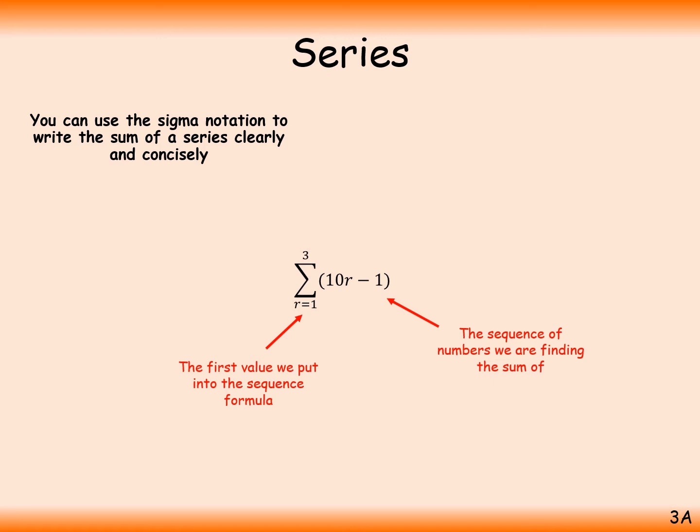The first value we start off with goes at the bottom, and at the top is the last value we put into the sequence formula, and every integer in between as well. The bit in the middle is where it's defining the sequence.